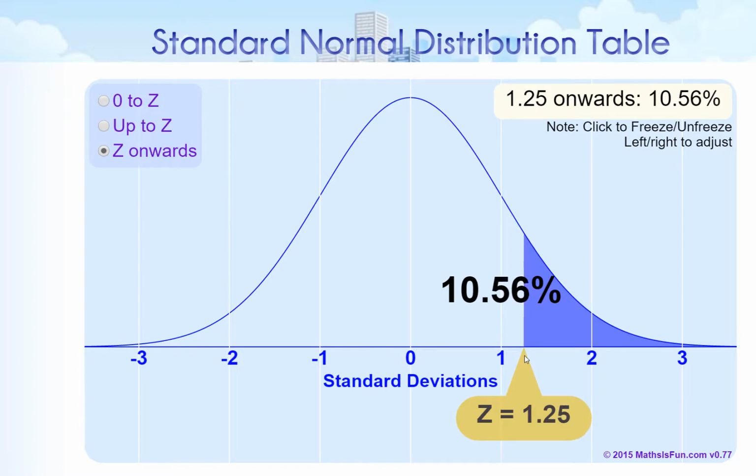That was the same answer we got when we solved it by hand using our static tables. We got that 10.56% scored greater than a z-score of 1.25, which corresponds to a raw score given in the problem of 190.